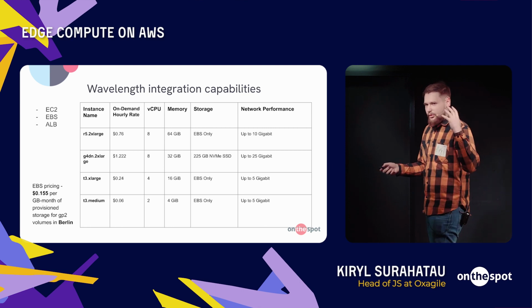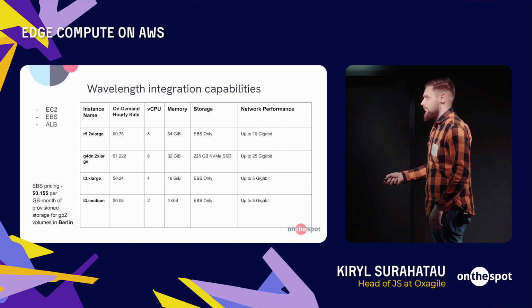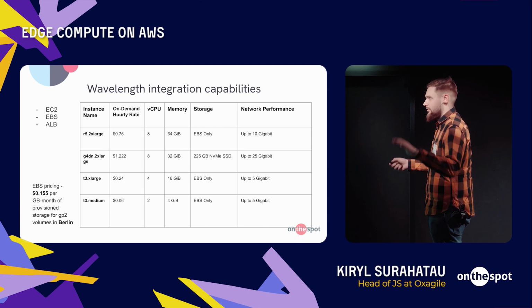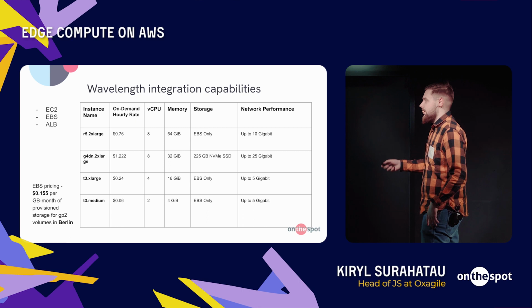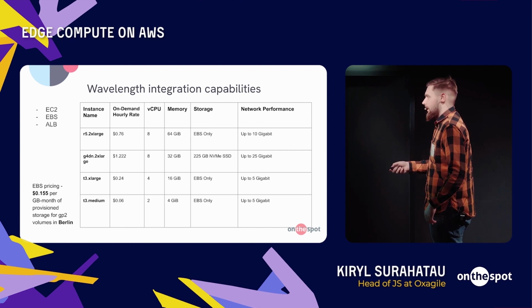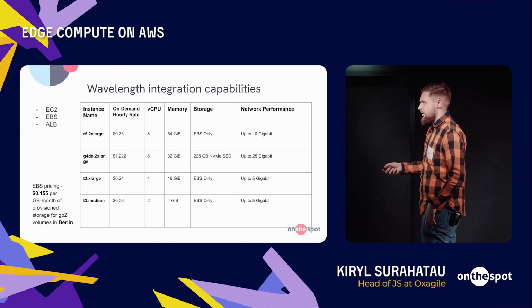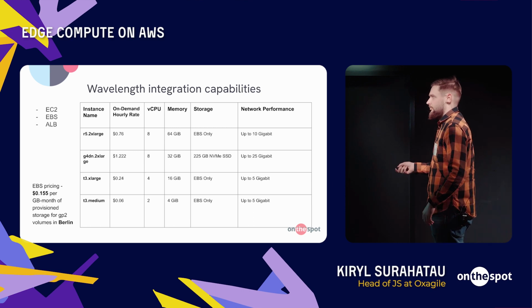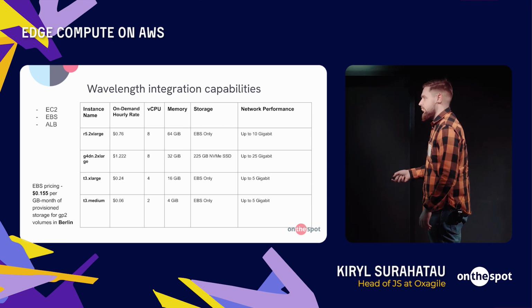You have only four instances to choose from. The C3 family is cost effective, like cents per hour, and then you have options for memory optimized and GPU optimized instances with built-in SSDs, and you can do ML basically in these wavelength zones.